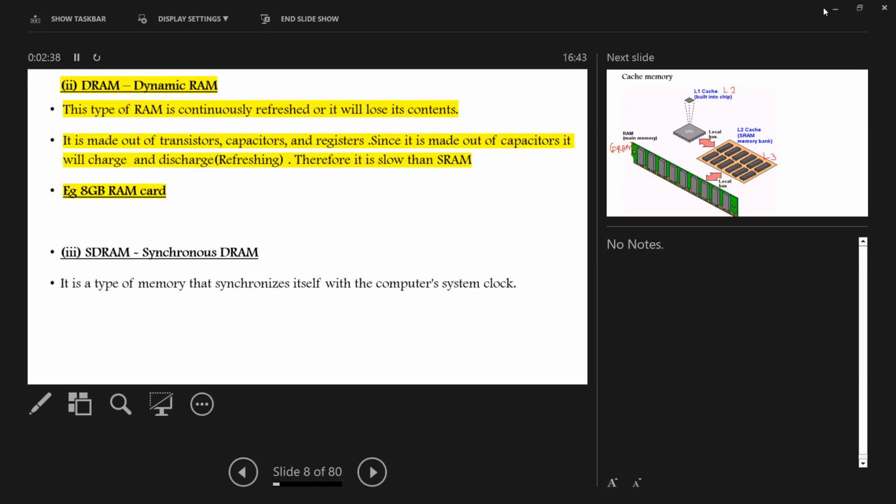So synchronous dynamic random access memory helps the computer keep the system clock, and to keep the system clock, this memory is necessary.